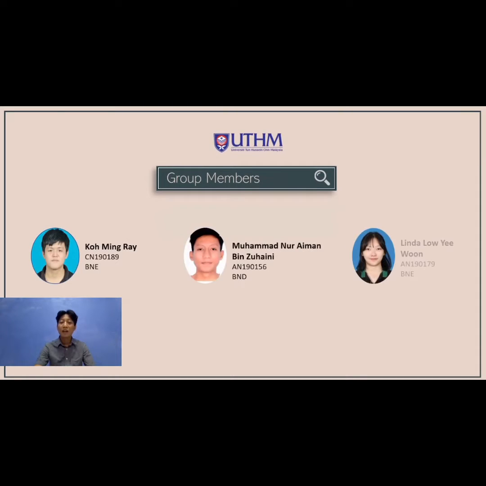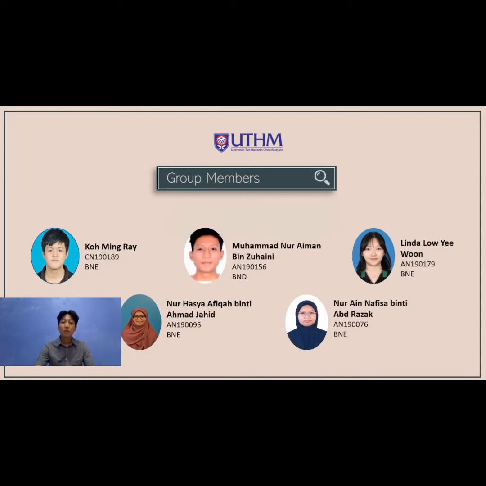Okay, so before we move to the model, let me introduce our group members. The leader is Koh Ming Ray, CN 1901189 from BNE. Next to him is me, Muhammad Nur Aiman bin Zuhaini, AN 1901156 from BND. And next we have Linda Low Yi Woon, AN 1901179 from BNE.